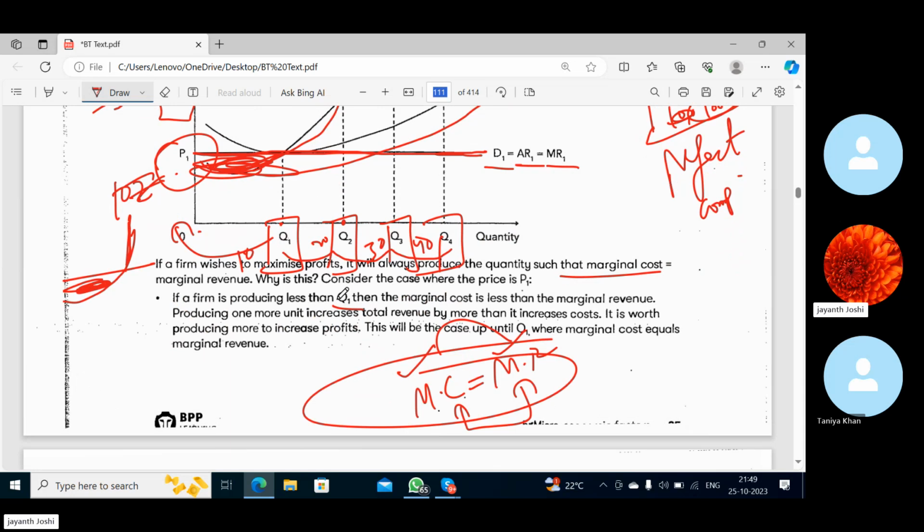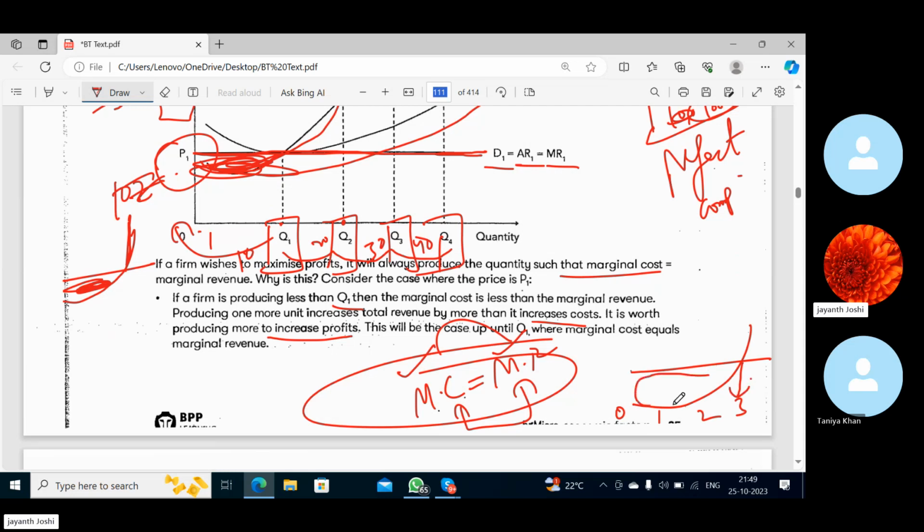If a firm is producing less than Q1, then marginal cost is less than marginal revenue. Producing one more unit increases total revenue by more than it increases cost. It is worth producing more to increase profit. So if it is 0, nothing. If it's 1 unit, I'm in profit. 2 units, I'm in profit. 3 units, I may not be in profits.